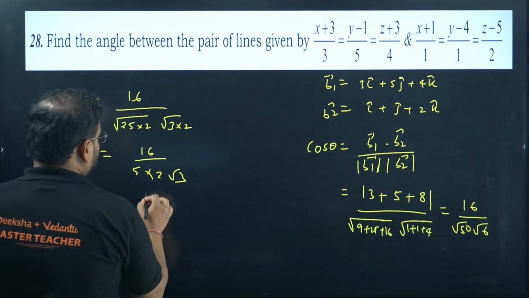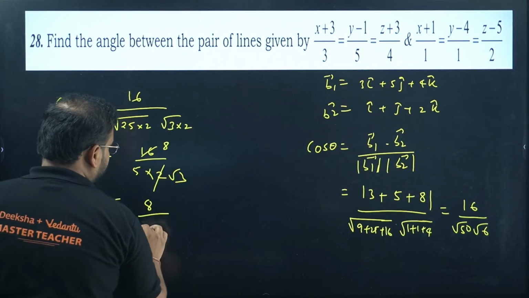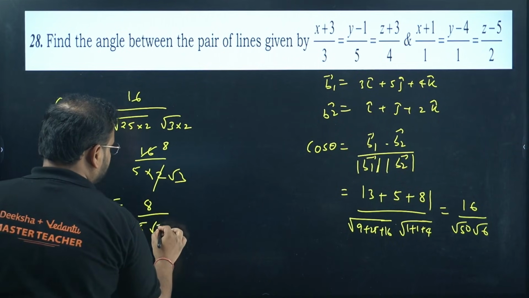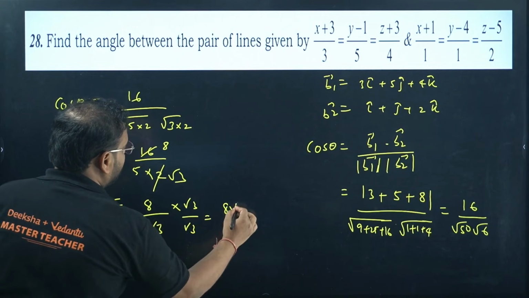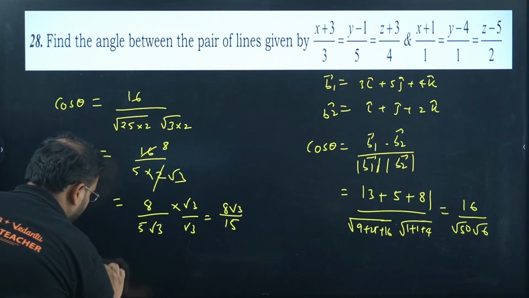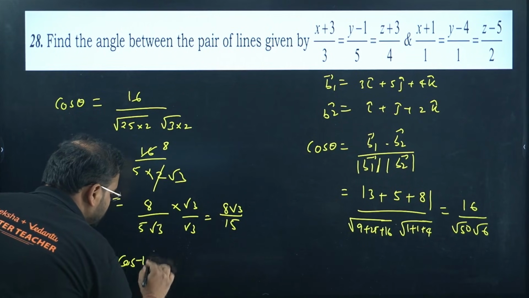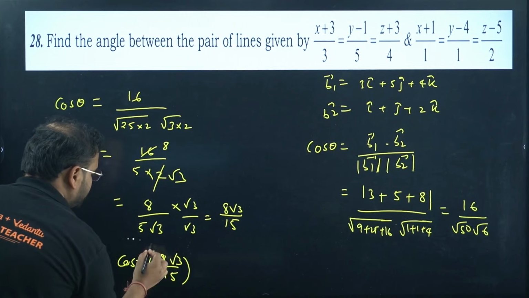Cancel this 2 now with this, so I have 8 left. 8 by 5 root 3. Multiply root 3 over here and over here. I'll get 8 root 3 by 15 for cos theta. Okay, so theta value is nothing but cos inverse of 8 root 3 by 15. Final answer.